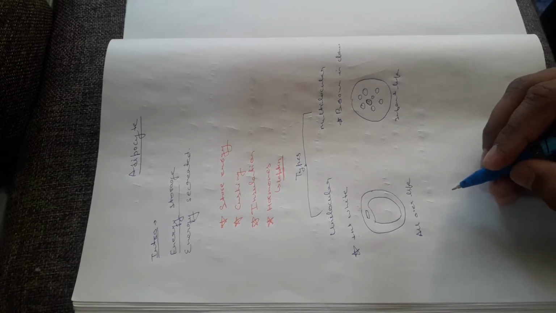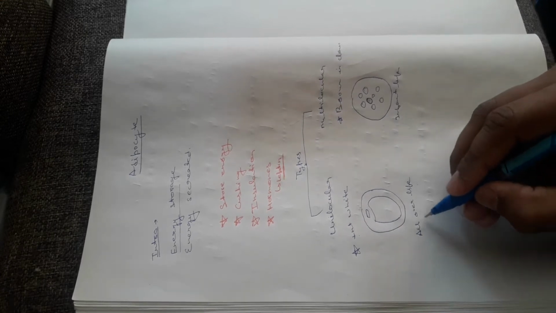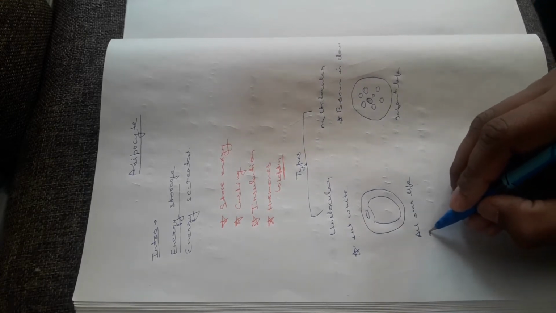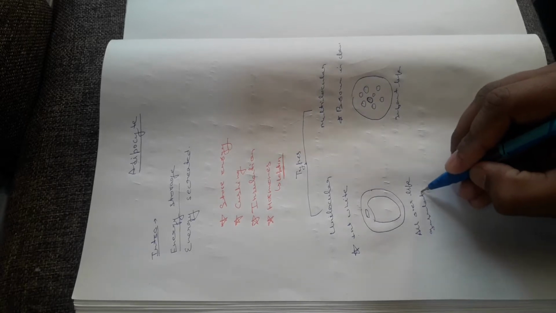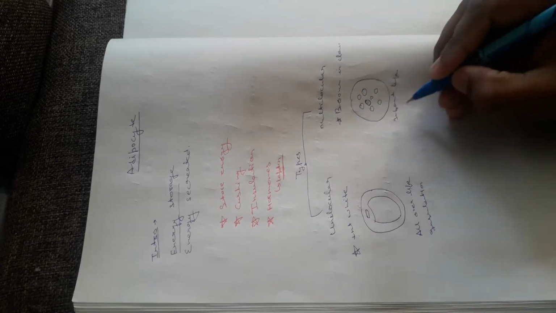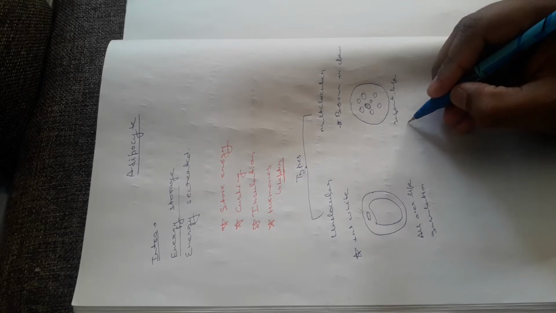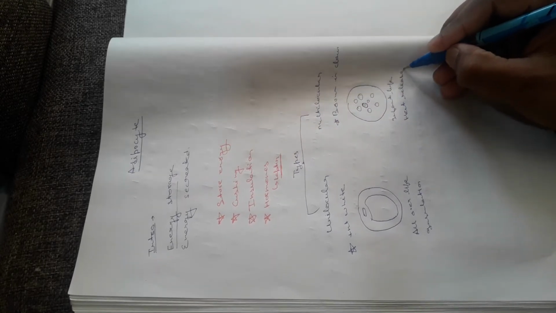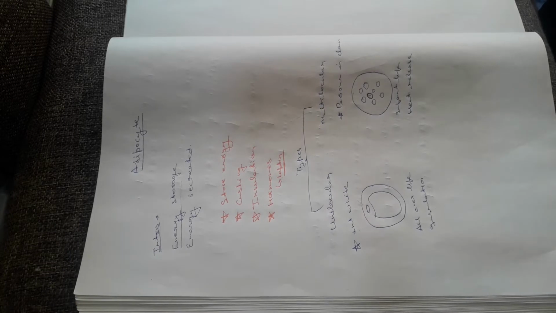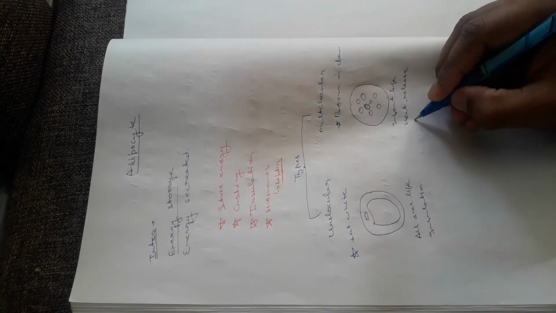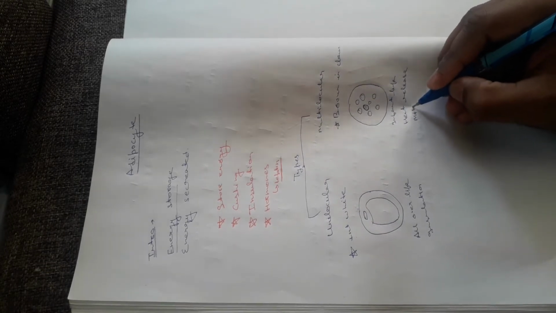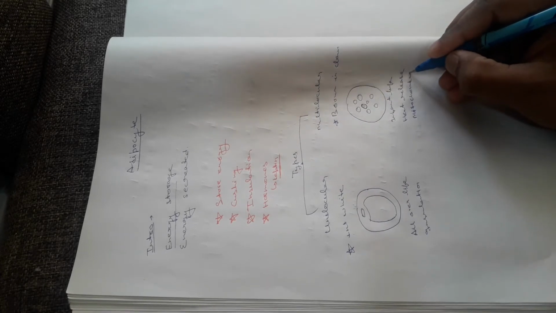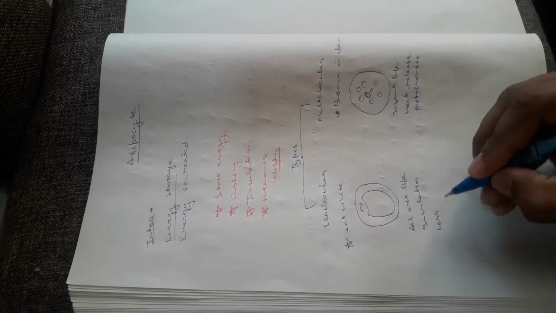And unilocular acts only as insulation, and multilocular acts in heat release. Here there are more mitochondria, and here there are fewer mitochondria.